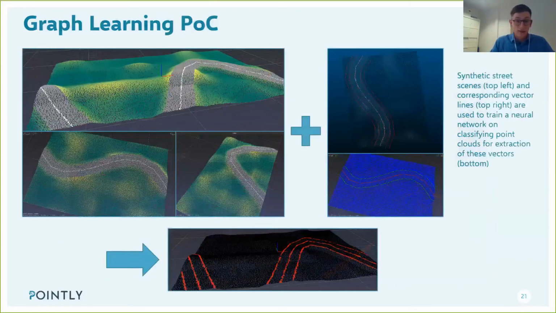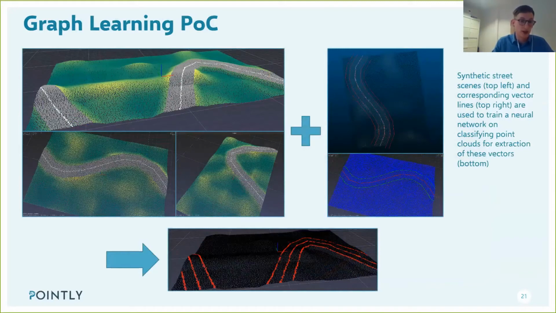Another thing we are already working on in parallel is what we codenamed the graph learning POC, where we try to derive the CAD models directly from the point cloud. So in this proof of concept we are skipping the step of classifying the point cloud.